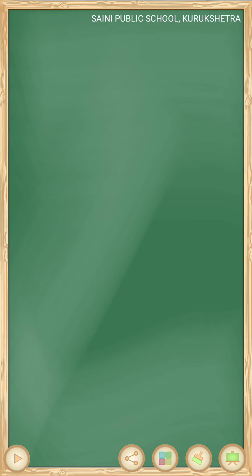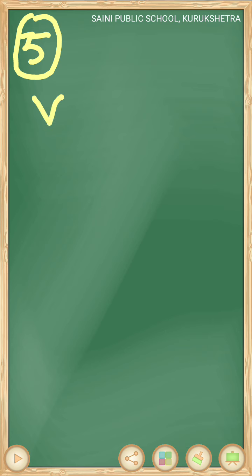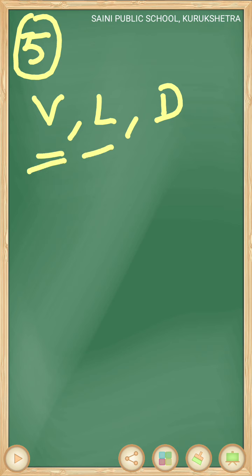Now, the fifth rule. The fifth rule says that Roman numerals V, L and D are never subtracted from a greater Roman numeral. In the second rule, we have studied that V, L, D are never repeated. In the fifth rule, V, L, D are never subtracted from a greater Roman numeral.